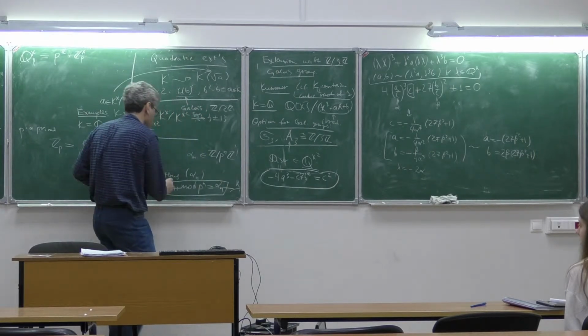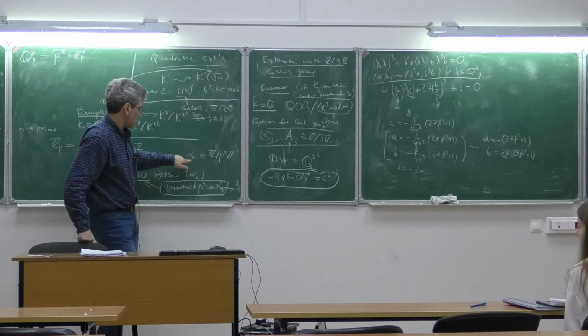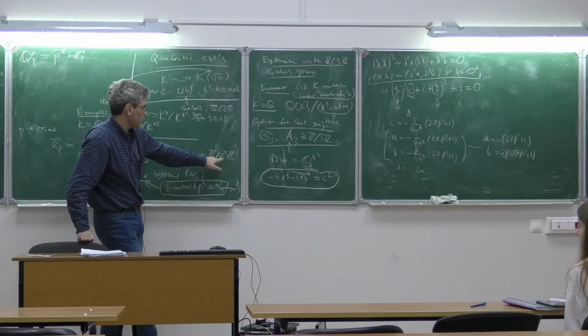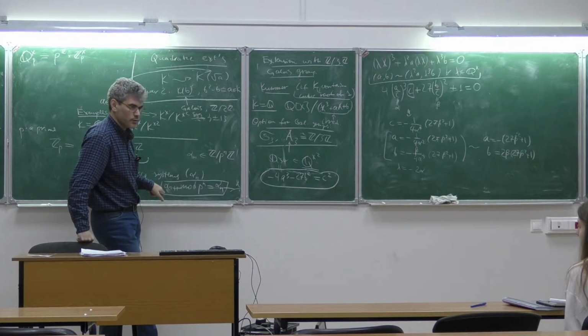So when you reduce the next residue modulo a higher power of p, you get the previous one.